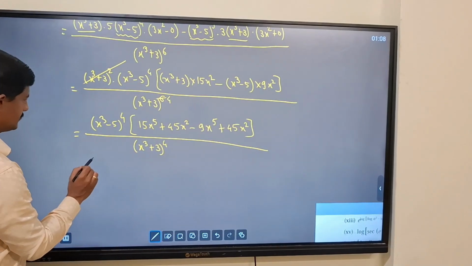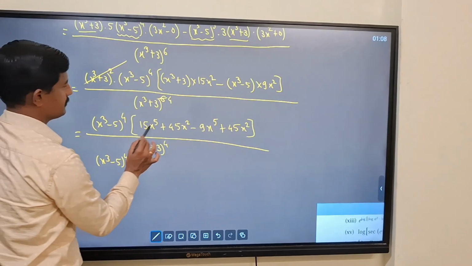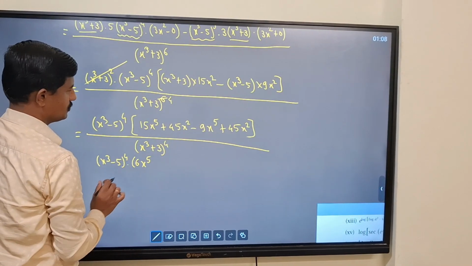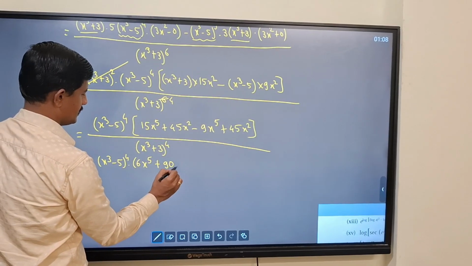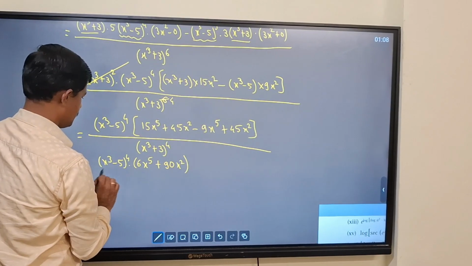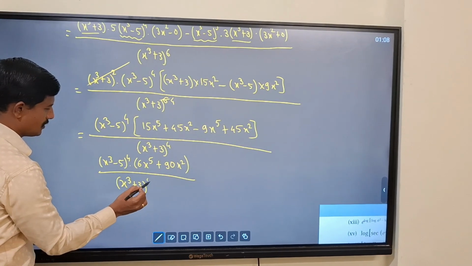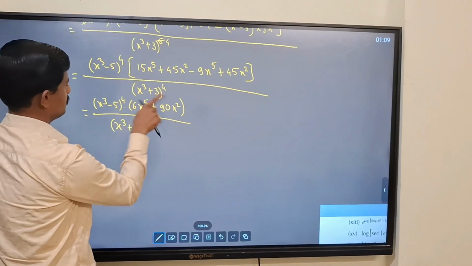Now see, x cube minus 5 raised to 4 into 15 x raised to 5 minus 9 x raised to 5, this is 6 x raised to 5, 45 plus 45, 90 x square upon x cube plus 3 raised to 4. You can stop your answer here, but I will go to the next steps.